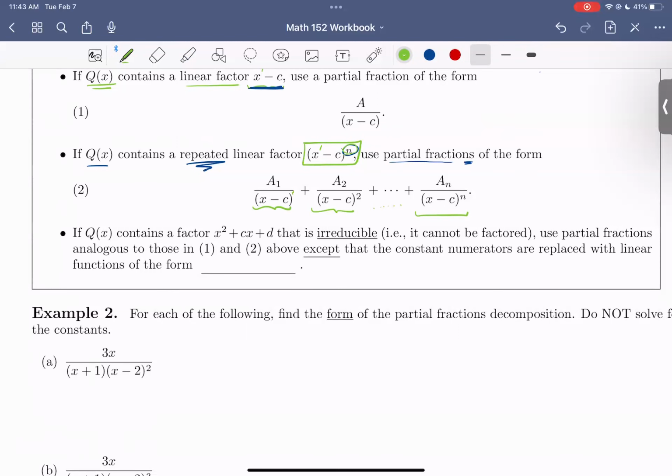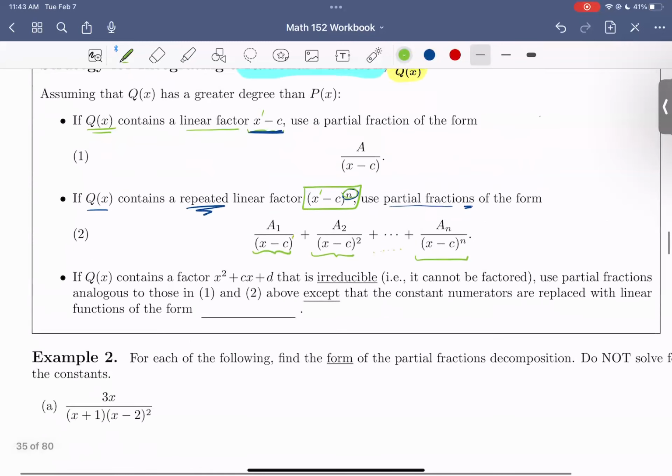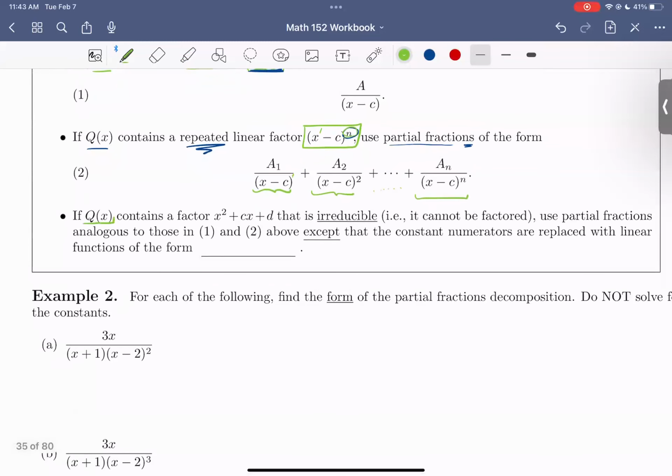The final type of rational function we're going to look at is when the denominator contains a factor that has a 2 on the exponent of the x, meaning a polynomial factor, and it's irreducible, meaning we can't write it as smaller linear factors. If we can, then we're in a previous scenario. When we have an irreducible degree 2 factor, we use partial fractions analogous to 1 and 2.